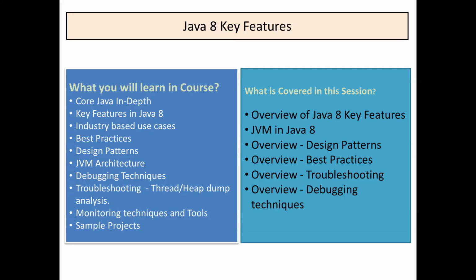Success is always measured by how quickly we can troubleshoot or debug the code or the application which we have written. So we'll touch upon some of the troubleshooting and debugging techniques to understand how it can be done better. And lastly, we'll see if any questions and answers are there.